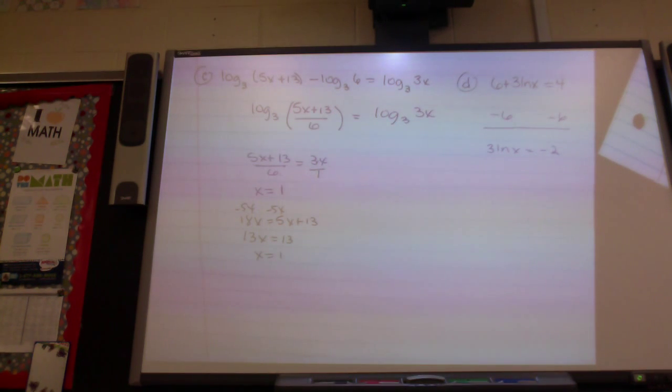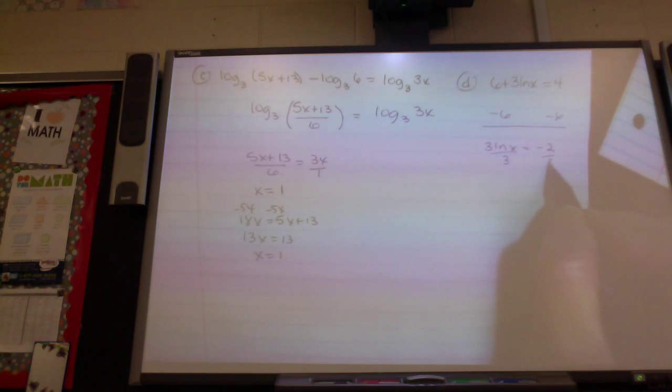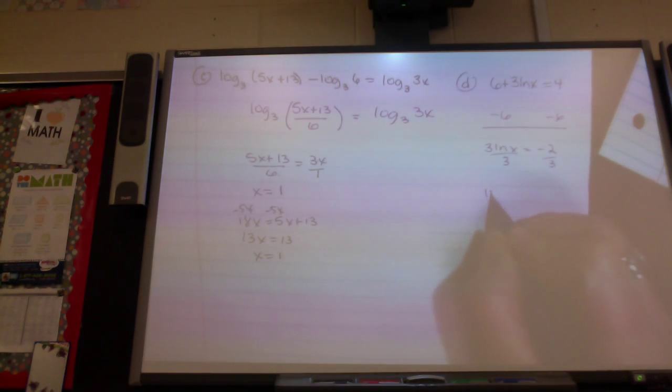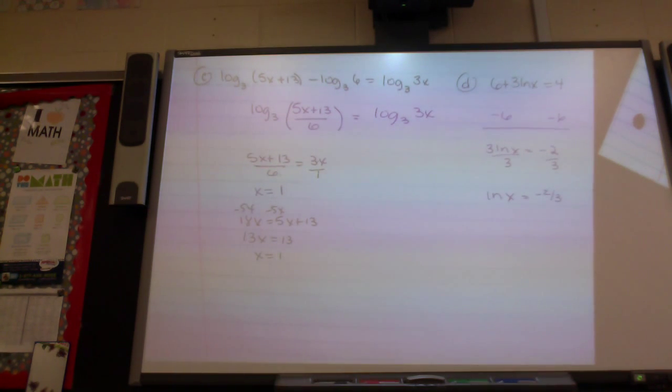Are you allowed to divide by 3? Oh, that's a 3, I thought it was 31. Can you just leave it like that? Well, we have to solve for x.